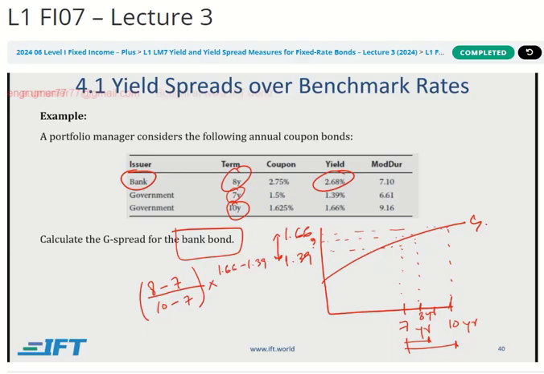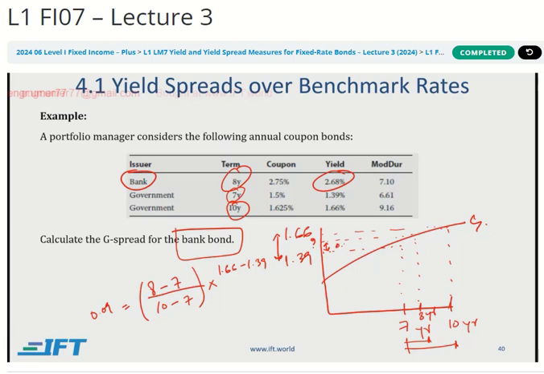That will give us that little bit extra that the 1-year portion is going to be. 8 minus 7 is 1 and 10 minus 7 is 3, so 1 divided by 3 multiplied by 1.66 minus 1.39 comes to 0.09.